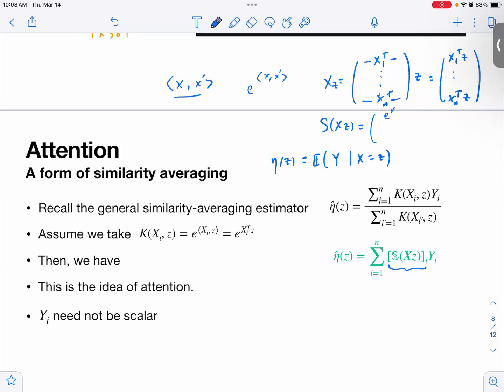So you get e to the xi transpose z divided by the sum of all of them, up to e to the xn transpose z. These are the weights by which I'm going to average the yi's. So you get this weighted average of yi's with this softmax. It's a form of the estimated mean.